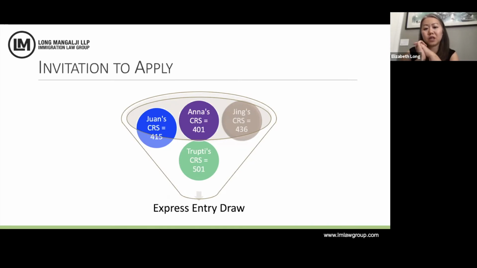Well, you say, well, Jean and Trupti may get through. Maybe if Trupti or Jean didn't get in under Canadian Experience Class, they got in under Federal Skilled Worker class, then neither of them would get through, okay?